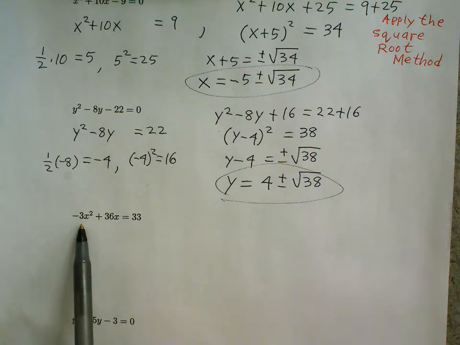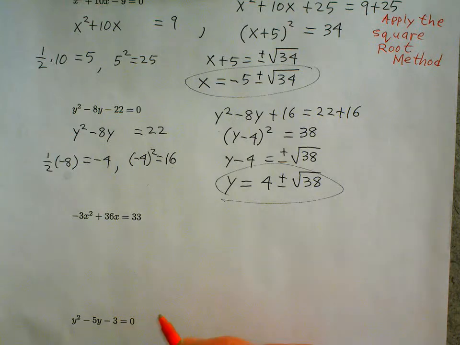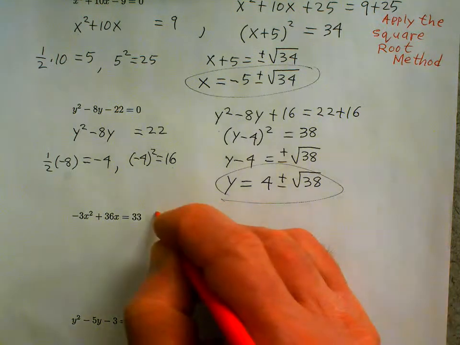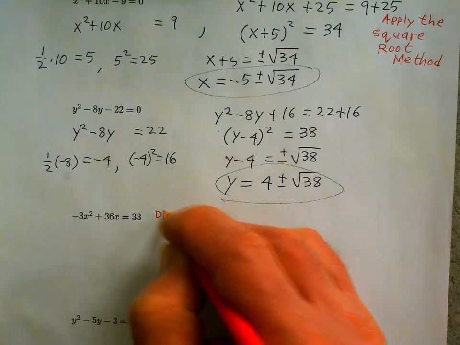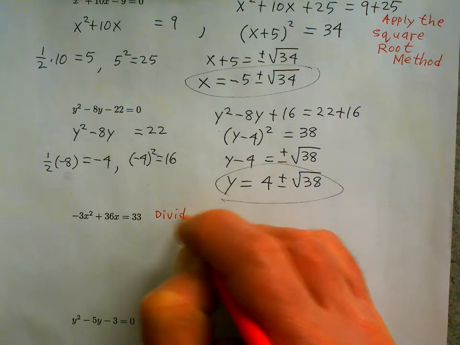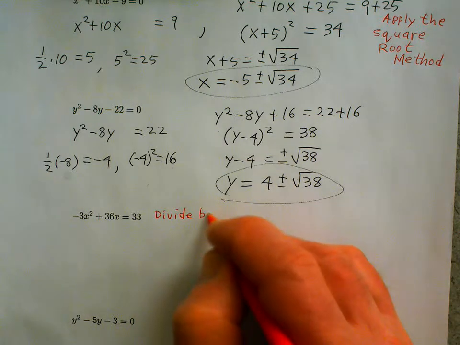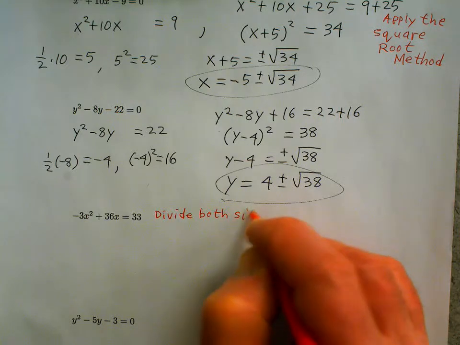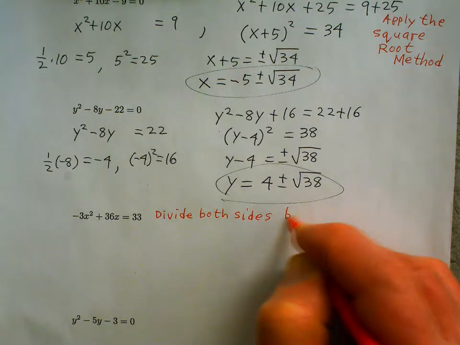Okay, so divide both sides by negative 3. This is something we haven't done yet, so I'll just make a note. The very first thing to do here is divide both sides by negative 3.